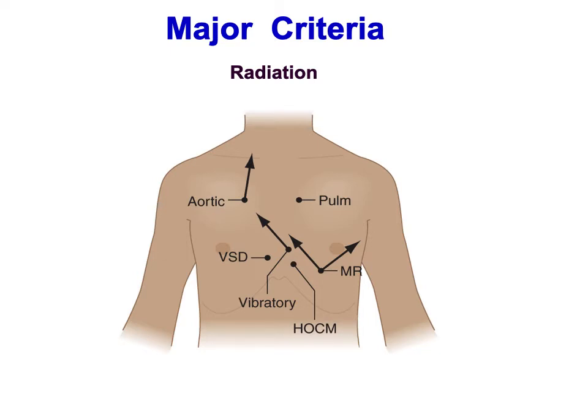Ventricular septal defect is another example. It goes from left to right horizontally, so it is towards the right. So that's how at different times we auscultate and try to find out the radiation of the murmur and form an idea what could be the underlying cause of the murmur.